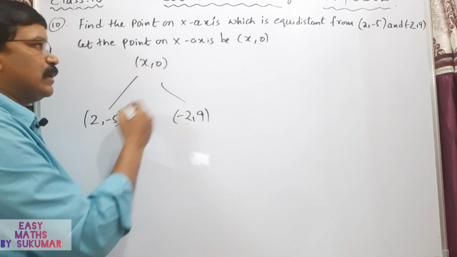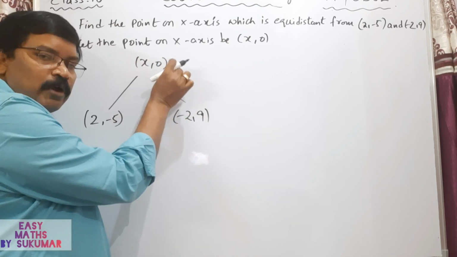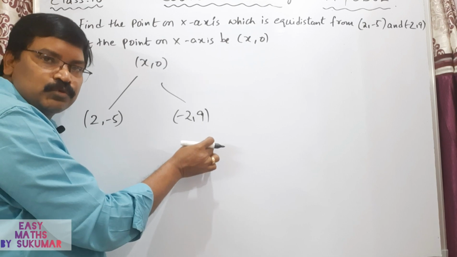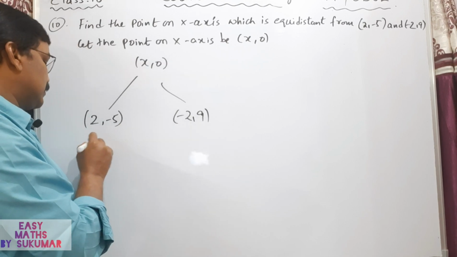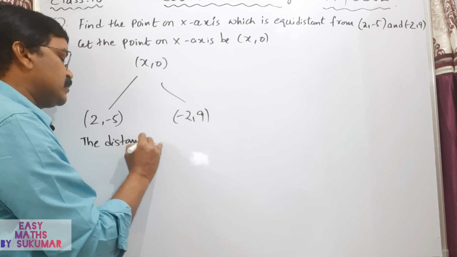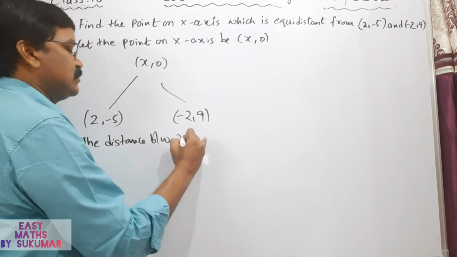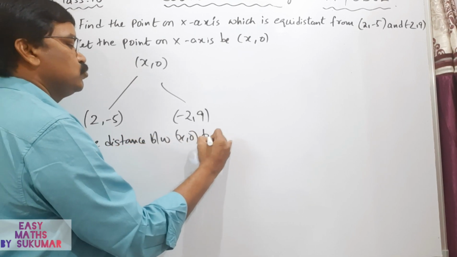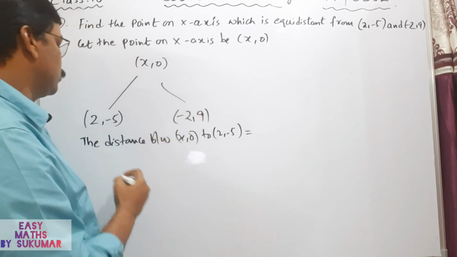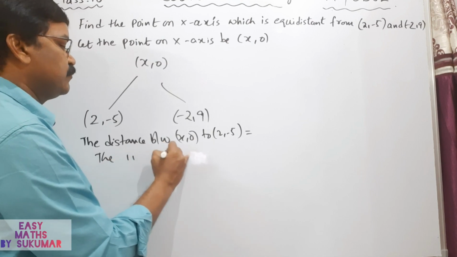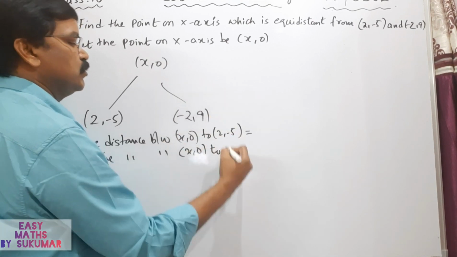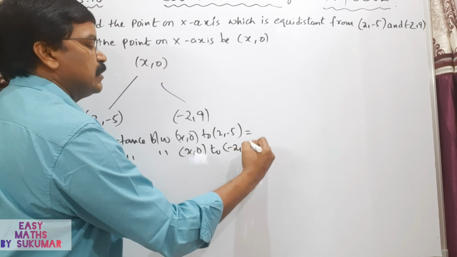Okay. See what is given. This point on x-axis is equidistant from (2, -5) and (-2, 9). That means the distance between (x, 0) to (2, -5) is equal to the distance between (x, 0) to what? (-2, 9).